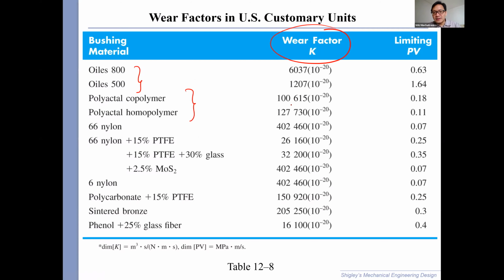You can see the plastic bushings have a quite significantly higher K, meaning they wear out much, much faster than the bronze. You've got nylon, some Teflon material, Teflon with some glass, probably some molybdenum, polycarbonate, sintered bronze.